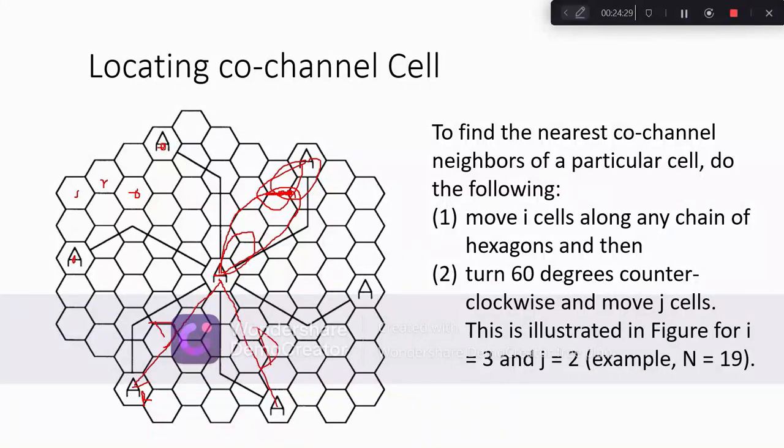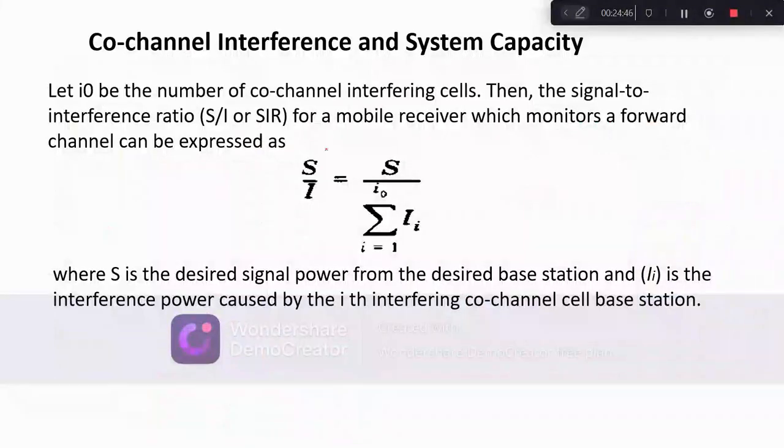We are only taking that a signal from here will interfere with a signal from this one, and there would be signals from these parts as well, but they are not co-channel and they are not interfering with each other. So it's very important to use the values from the ith interfering co-channel cell.